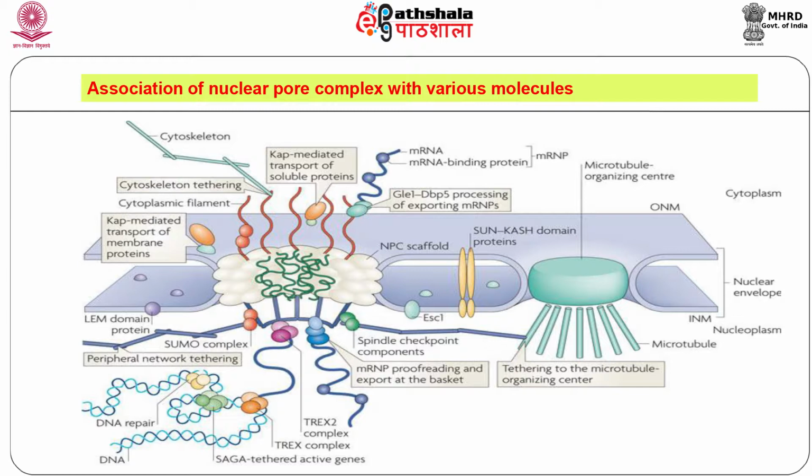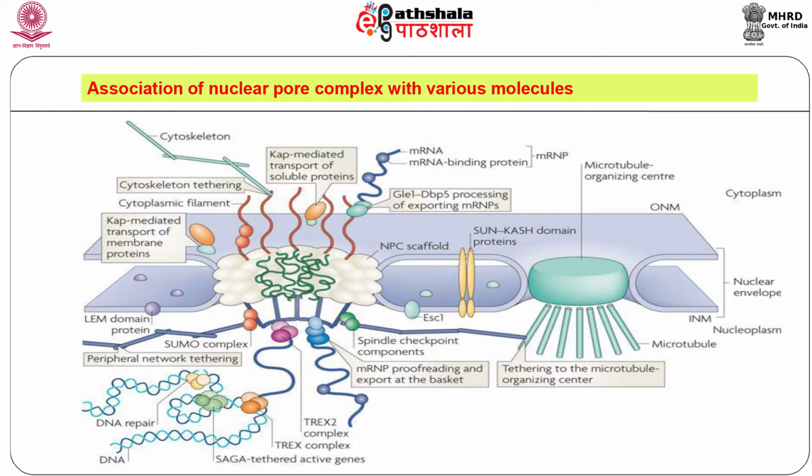The nuclear basket is a highly dynamic structure present on the nucleoplasmic side of the envelope. The basket is involved in many functions. First function is transcriptional regulation. It is brought about by three different types of interactions.